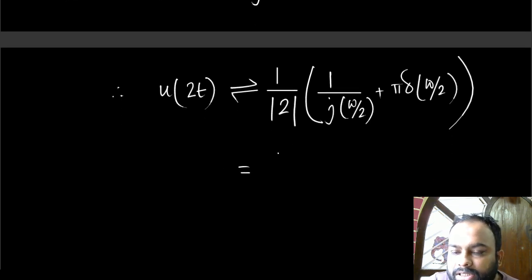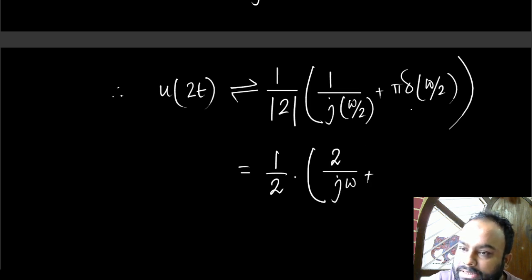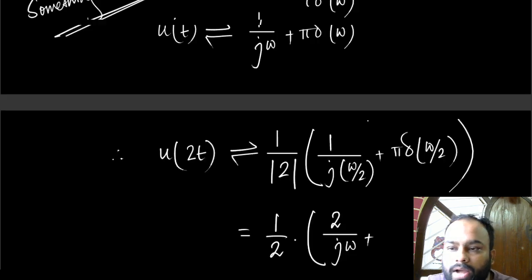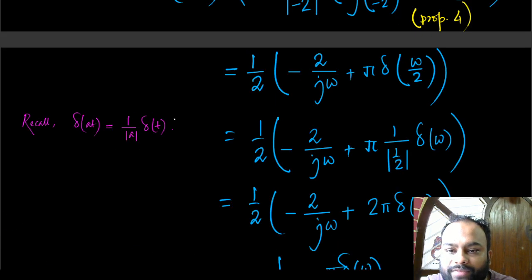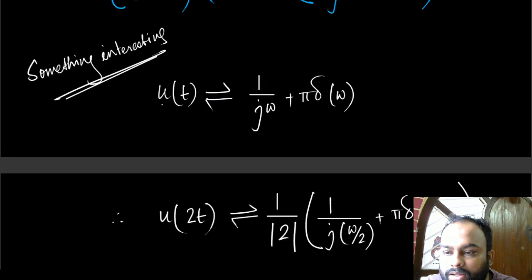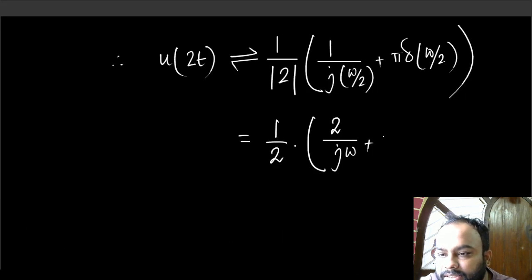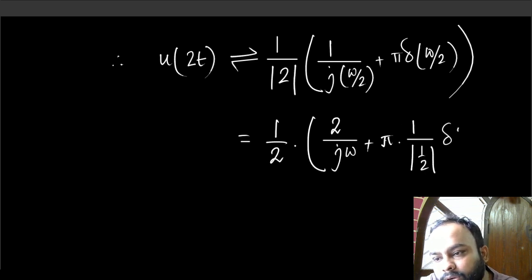So what is this? This is 1 by 2 and this is 2 by j omega plus pi delta omega by 2, and here I have this property of Dirac delta, right? So for this, it is pi into 1 by mod half into delta omega.